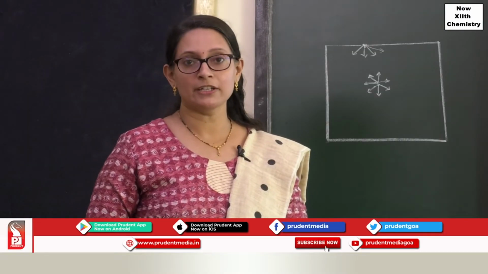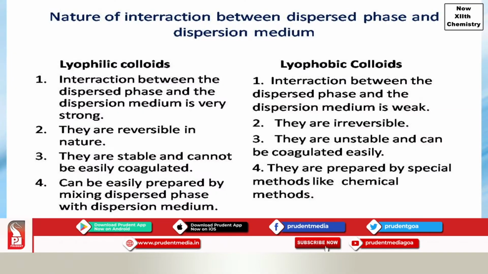The second classification is based on the nature of interaction between the dispersed phase and the dispersion medium. Based on this, the colloids are classified into two types, lyophilic colloids and lyophobic colloids.